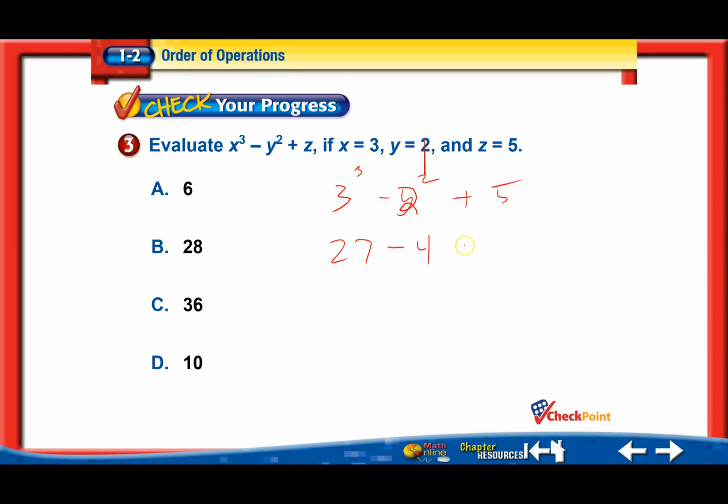So minus 4 plus 5. Oh, whoops. Got to do left to right first. My apologies. 27 minus 4 is 23. 23 plus 5 comes out to 28.